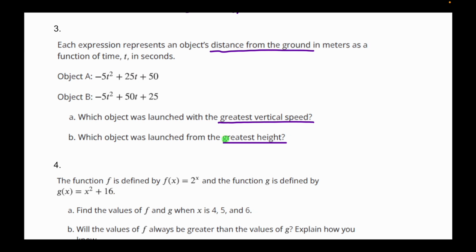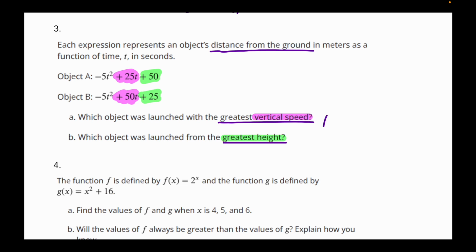So the one with the greatest starting height, I'm going to highlight these things here. So greatest height, our starting heights are 50 and 25. And our vertical speed is represented by the 25t and the 50t. So those are the ones that we're choosing from. So that means if it's launched with the greatest vertical speed, I'm going to choose 50t.